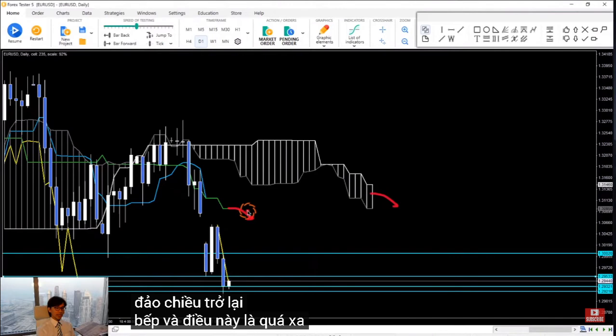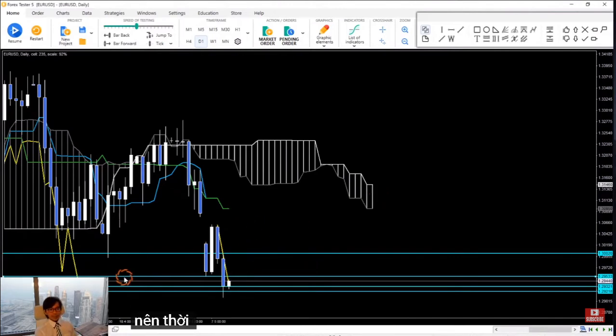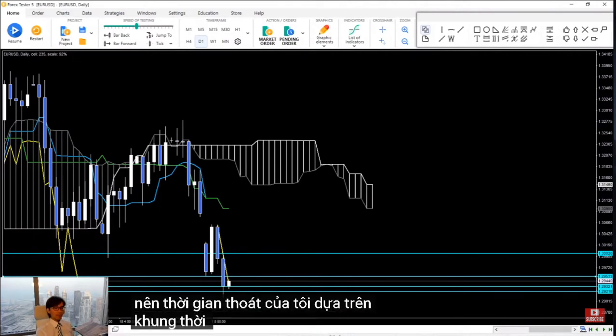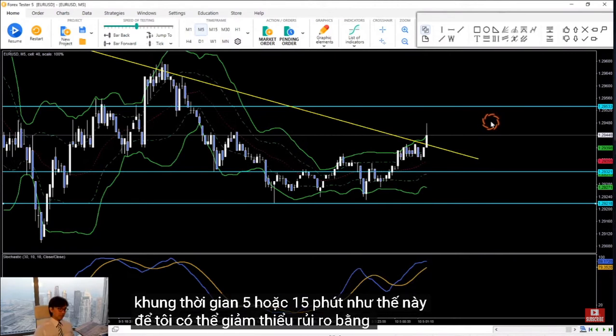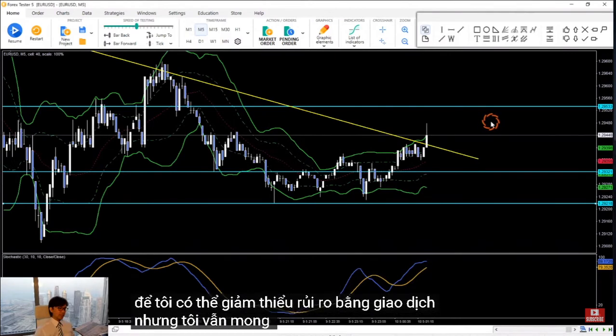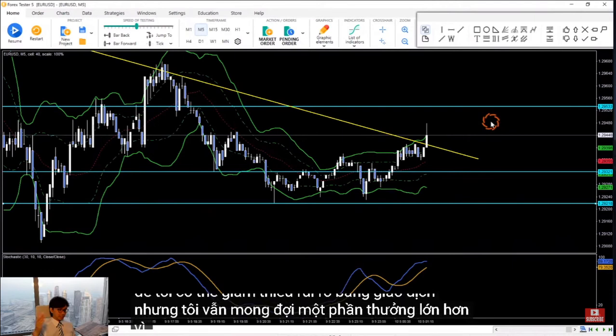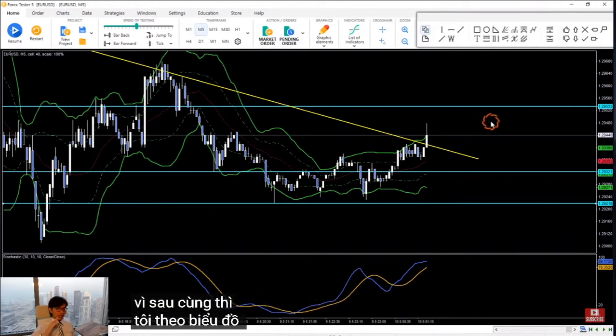This is too far for the stop loss. So my exit timing is based on the 5 or 15 minute time frames like this, so that I can minimize the risk per trade, but still I expect a bigger reward, because after all, I follow the daily chart or four-hour chart downtrend.